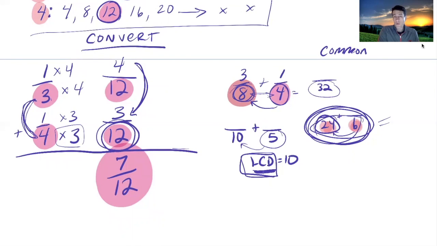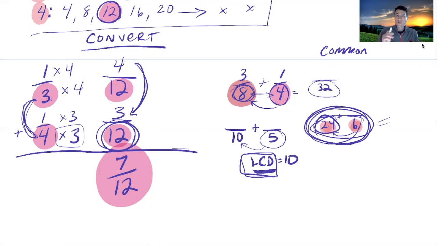All right, and once again, the more you do this, the more you will start seeing these patterns that the state and any test booklet or worksheet uses. There's only a certain amount of combinations you can use to really teach this topic. So something for you just to remember: you'll start to see patterns like, oh, I've seen 4 and 12 before. Oh, I've seen 8 and 16 before.